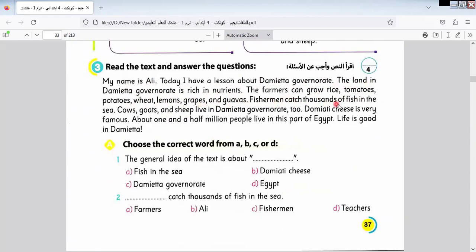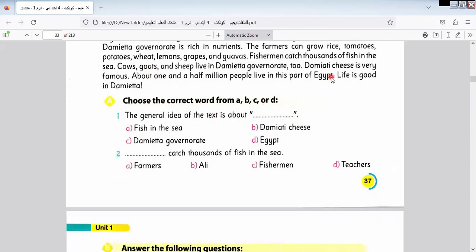Fishermen catch thousands of fish in the sea. Cows, goats, and sheep live in Domyat Governorate too. Domyati cheese is very famous. So Domyat is famous for Domyati cheese. All of us know. And if your parents are from this governorate, you can say so. About 1.5 million people live in this part of Egypt. Life is good in Domyat.